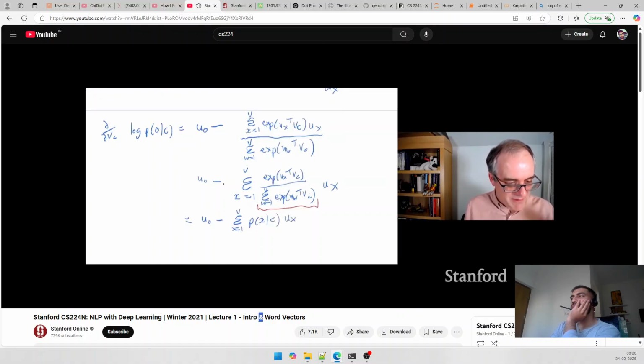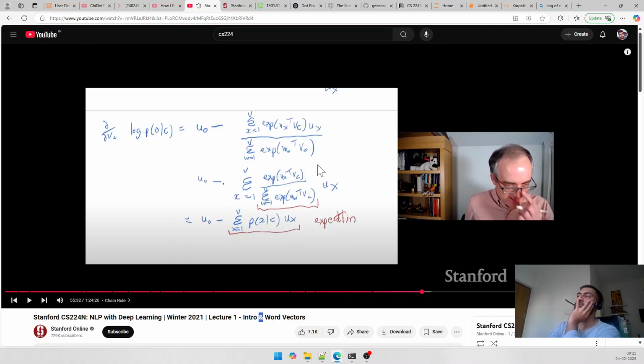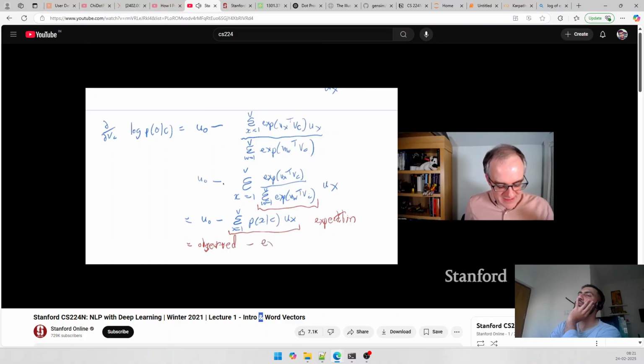And so what we have at that moment is an expectation. This is an average over all the context vectors weighted by their probability according to the model. And it's always the case with these softmax-style models that what you get out for the derivatives is the observed minus the expected.